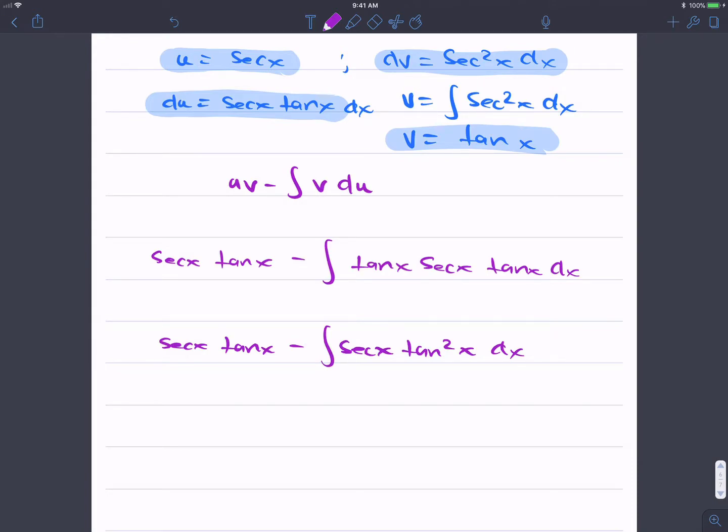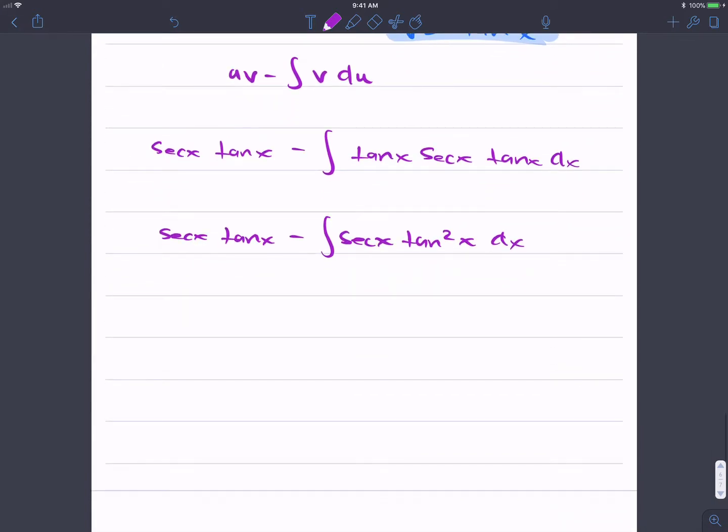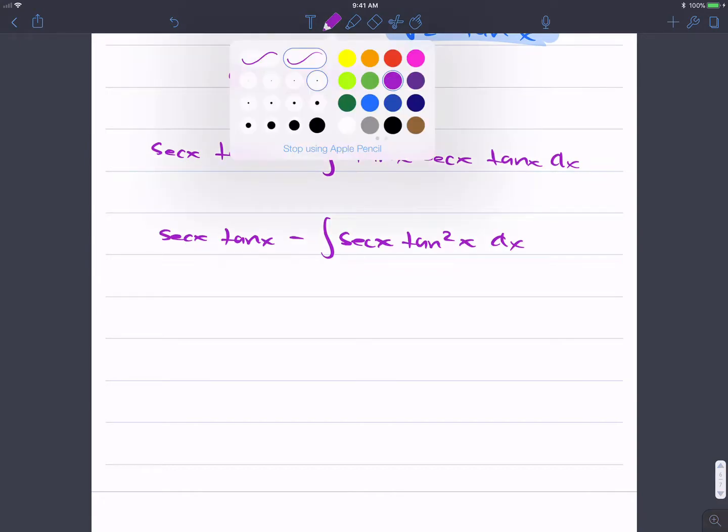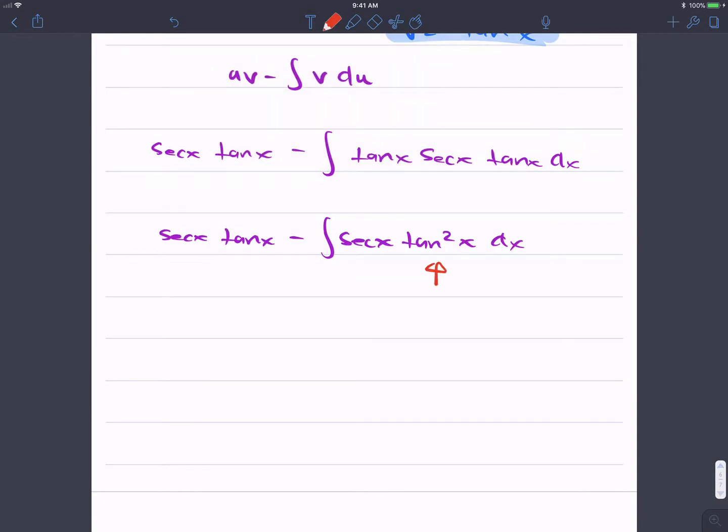Now, notice here what we should do. It looks like what we can do now is replace our tangent squared with the Pythagorean identity secant squared minus 1, because tangent squared is secant squared minus 1.